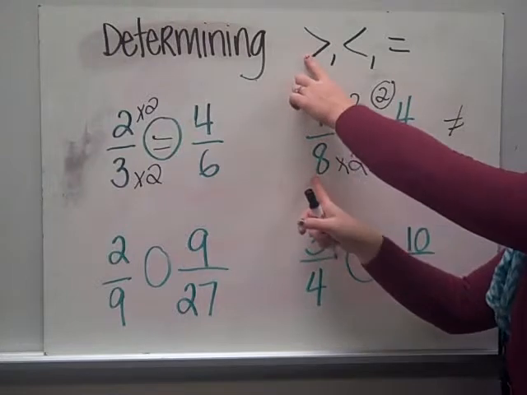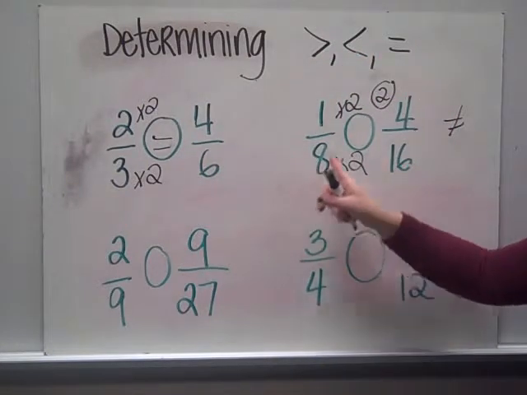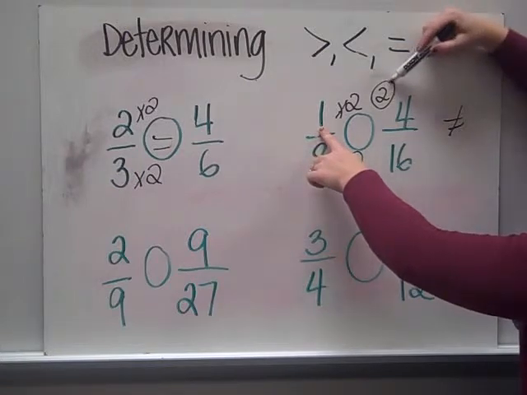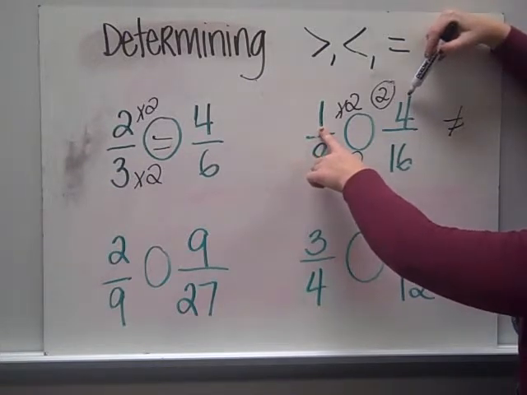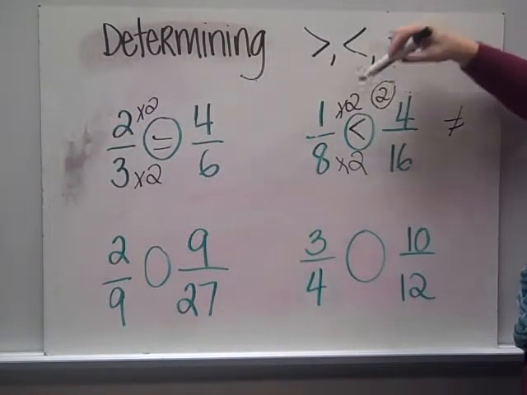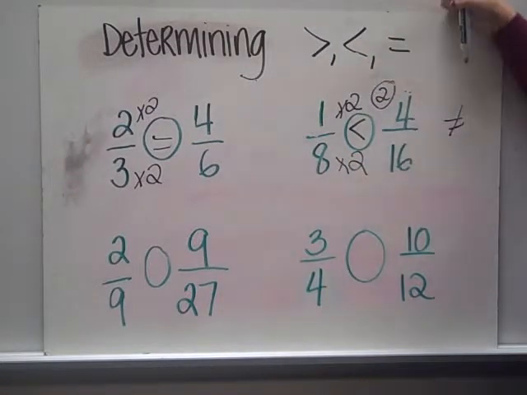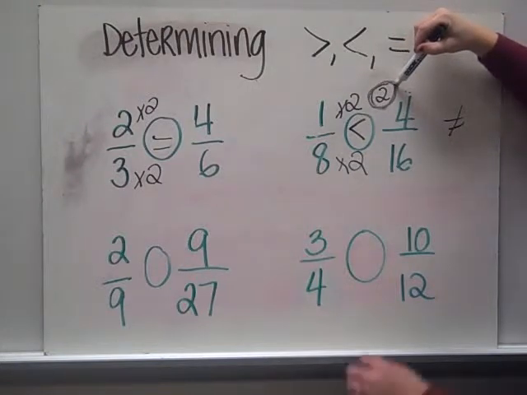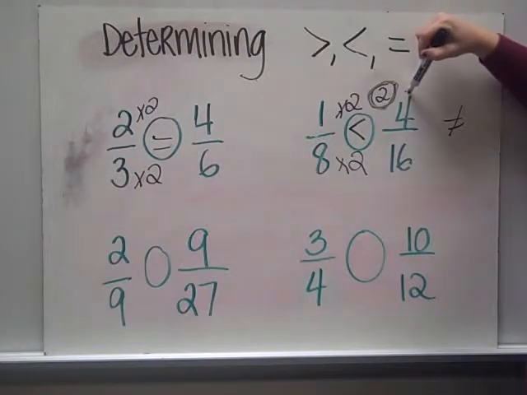Is this one greater than or is it less than? Well, this is a 1. And in order for them to be equal, this should be a 2. But it's more than 2. It's 4. So in this case, 4/16 is greater than 1/8. Because again, 2 is what I need the numerator to be for them to be the same or equal. And it's actually more than that. It's 4.